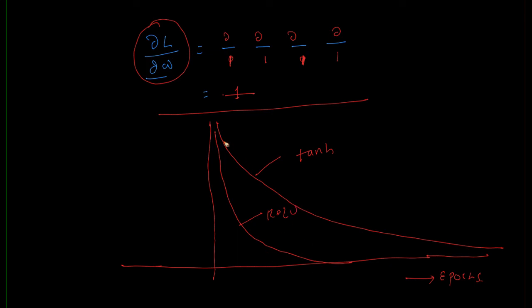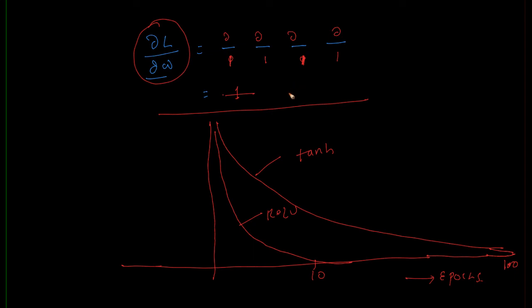You see, tan H was converging to the solution very slowly. Let's say if this was 100 epochs, just for example, and this is, let's say, 10 epochs. That means ReLU was converging to the solution very fast, whereas tan H was converging very slowly. So convergence is much faster in the case of ReLU, because we don't have the vanishing gradient problem.